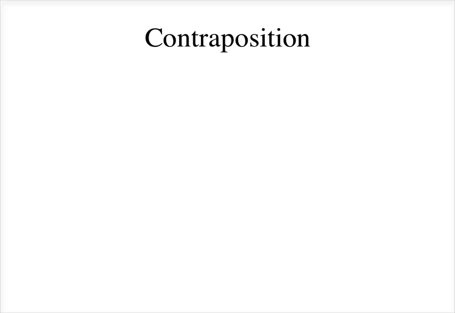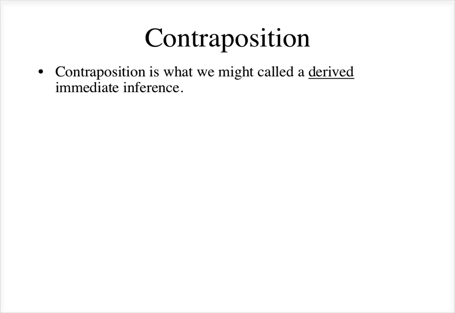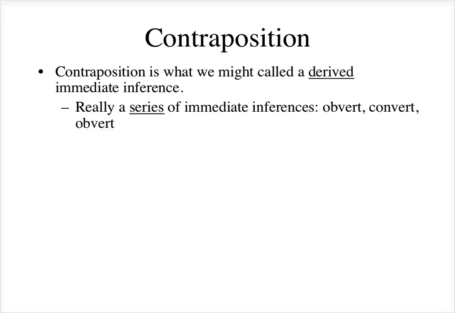This lecture will explain how to do the immediate inference of contraposition, and will explain what types of statements contraposition is valid for. Contraposition is what we might call a derived immediate inference, because what underlies contraposition is really a series of immediate inferences: obvert, convert, obvert.